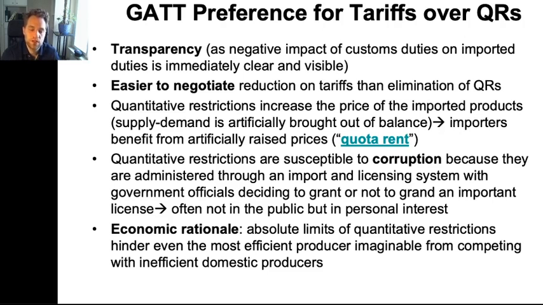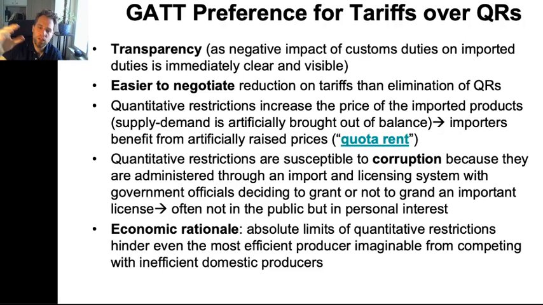And last but not least, a simple economic rationale. Why? If there is, for example, a ban or a maximum number of products, and a very low one, that means that competition will not be able to work its magic. Why?